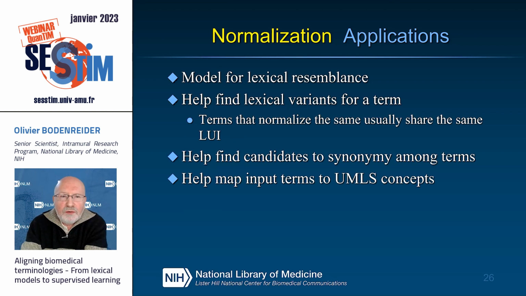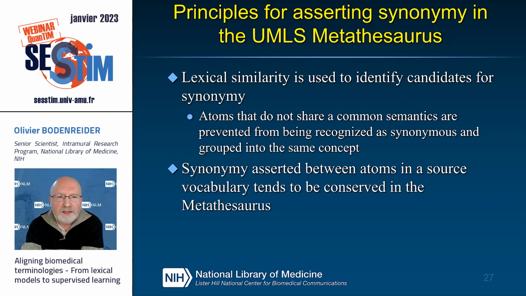So as I mentioned already, normalization is useful in that it provides a model for lexical resemblance, which can help us find lexical variants for a given term and group these lexical variants together. And that's essentially what helps with the curation of the UMLS when it comes to grouping synonymous terms together and putting them into the same concept.